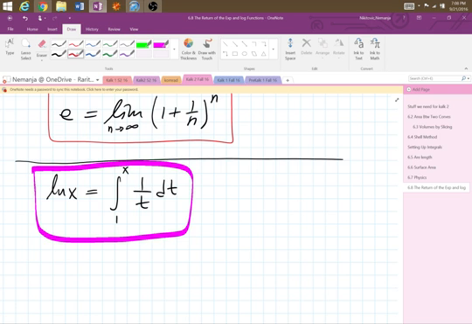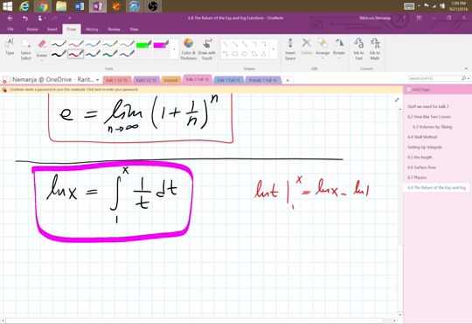If you try to compute this, you know that the integral of 1 over t is ln t, computed from 1 to x. So you go ln x minus ln 1, and ln 1 is 0. You see how easy that is to verify? Do we all know that the integral of 1 over x is ln x?